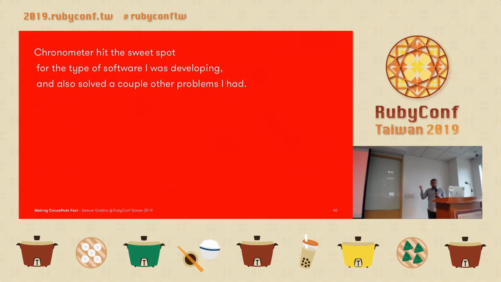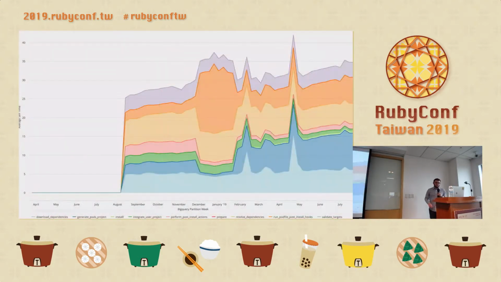And so, as I was talking about earlier, Chronometer runs in process, so I wrote a little plugin for CocoaPods that takes those timing results and sends them off to a logging server. So now I can go online and make graphs and be like, yes, all these different parts of installation are taking exactly this long for this particular person on this week.